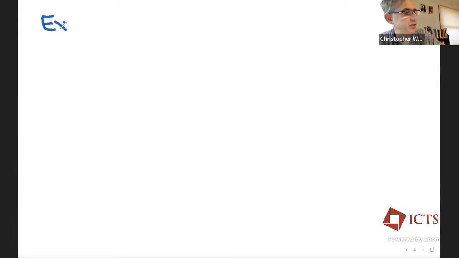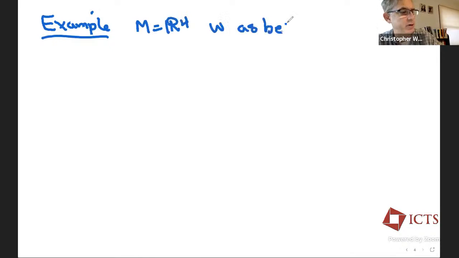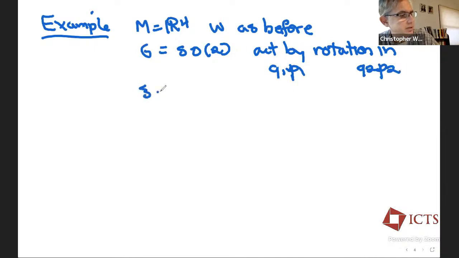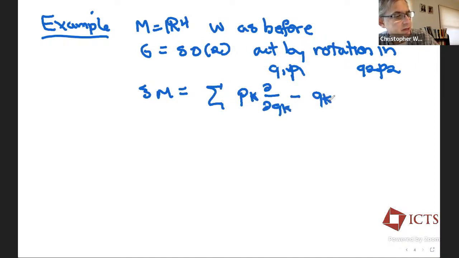But an example which is more mathematical is you take M equals R^4 again, and omega as before. But now you let G, the SO(2), act by rotation in q1 and p1, and then in q2 and p2. So then the vector field is the sum of p_k d/dq_k minus q_k d/dp_k, from k equals 1 to 2.